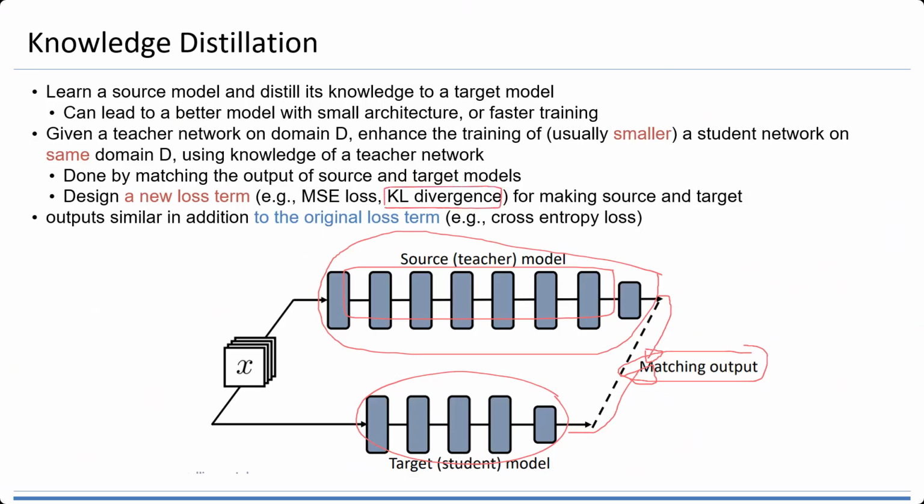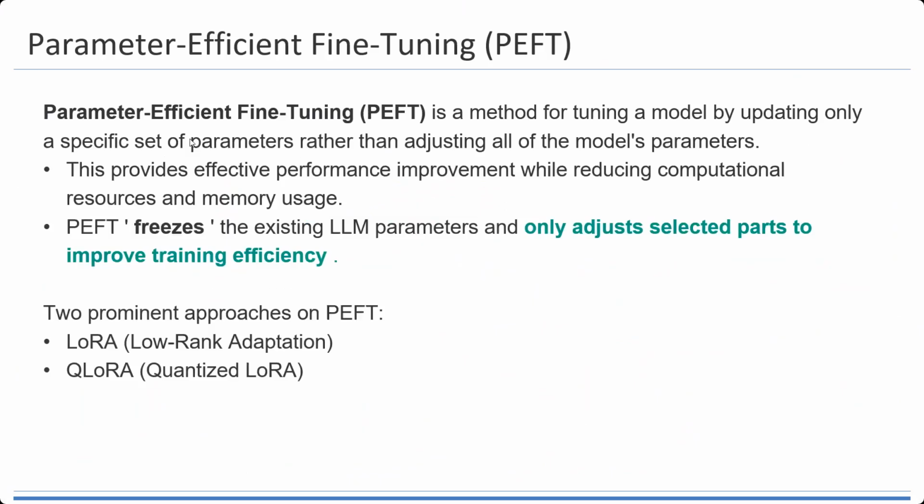There might also be one problem for knowledge distillation or the transforming. And the last one, we learn about parameter efficient fine tuning, PEFT. In PEFT, we try to fine tune only the best or most suitable parameters, updating only a specific set of parameters rather than adjusting all the model parameters. Why do we need to focus on this specific set?